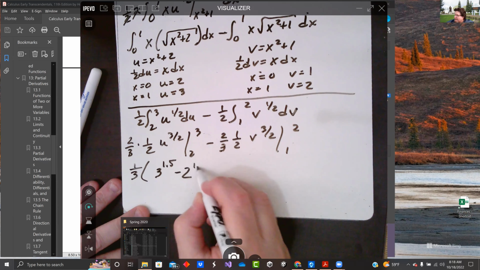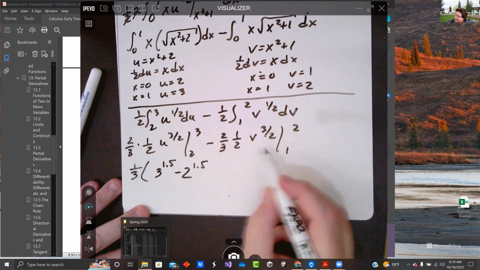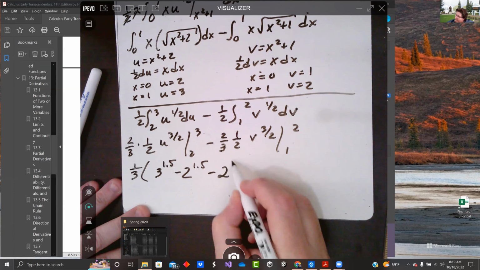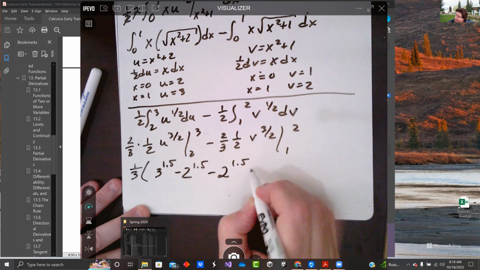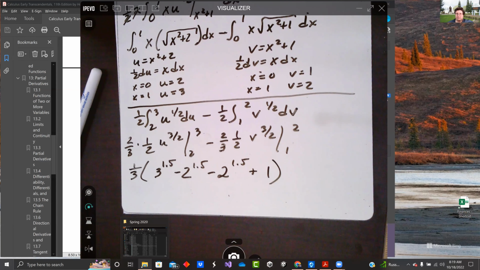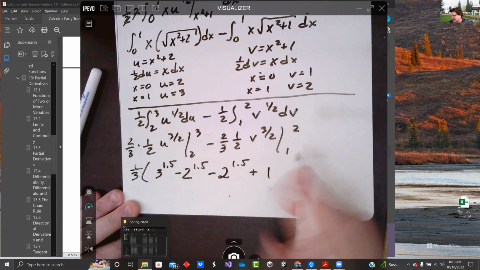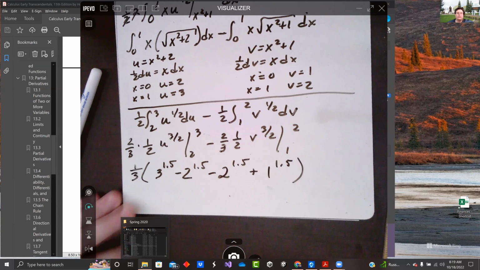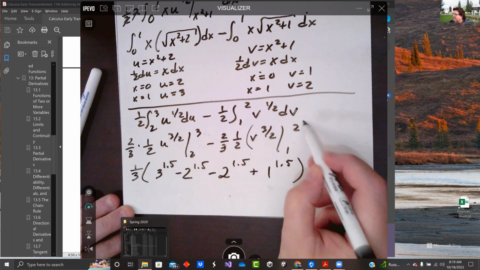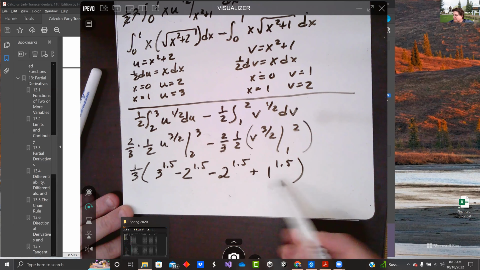Minus 2 to the 1.5. And then I've got minus another 2 to the 1.5. Plus 1. Well, 1 to the 1.5, but I mean, still 1. Remember, this minus is going to apply to everything in there. So it's just going to change the signs of these.